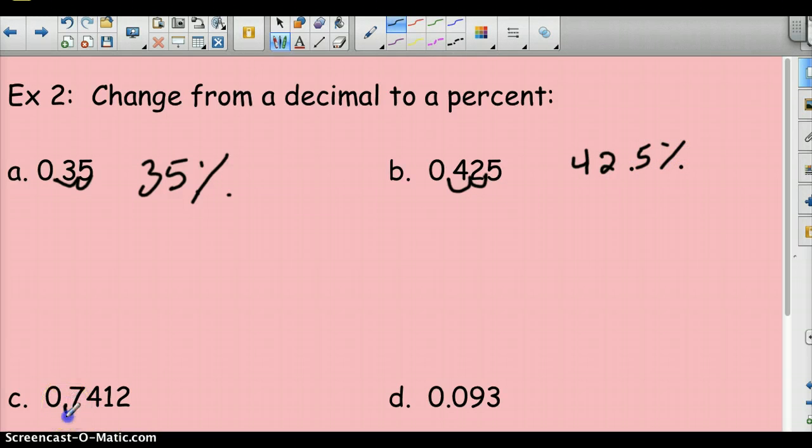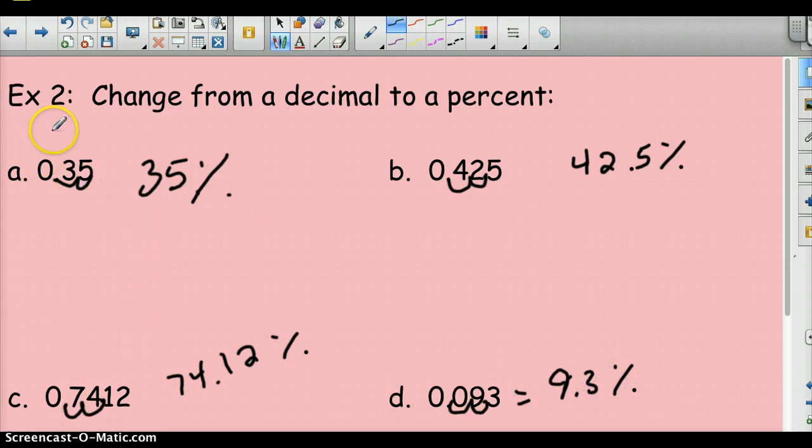Same thing here. 1, 2 places to the right. Throw a percent behind it. Last one's a little tougher, but I leave it for you. I'll throw in the answer in a sec, but try it out. I'm left with 9.3% on that last one. So that's going from decimal to percent.